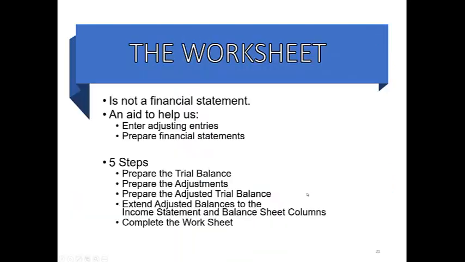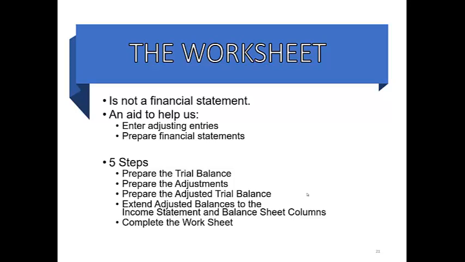To help us complete our adjustments and complete our financial statements, we're going to be using the worksheet. And the worksheet is just a tool we use in-house. It's just an aid to help enter adjusting entries and prepare financial statements. There are 5 steps in preparing the worksheet. We'll prepare the trial balance, which we're already familiar with.